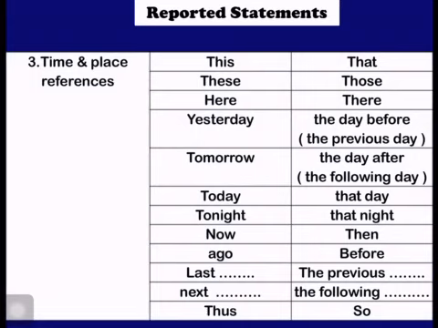Today becomes that day. Tonight, that night. Now becomes then. Ago becomes before. Last, the previous. Last Monday, last week, last month, and so on. Next becomes the following and thus changes into so. This is for the reported statement.